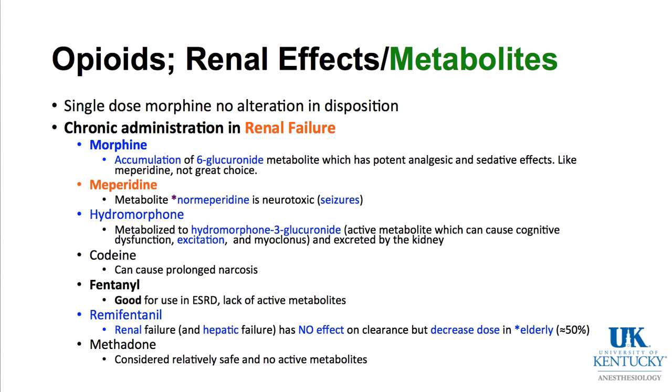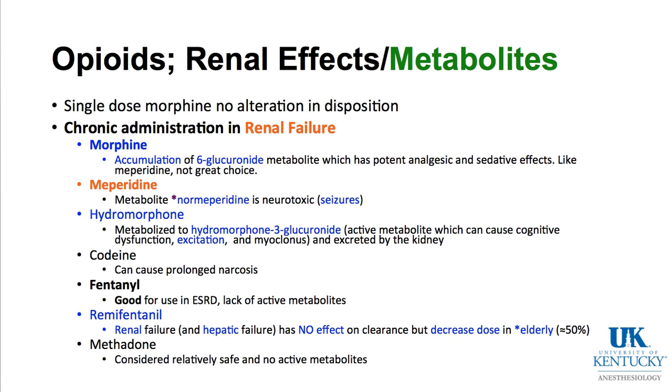Meperidine has a metabolite called normeperidine, which is actually neurotoxic, and if you give repetitive doses of meperidine to a patient with renal failure, they can have seizures as that normeperidine metabolite builds up. Hydromorphone or Dilaudid is metabolized to another sugar-containing molecule, hydromorphone 3-glucuronide, which is active also and can cause some cognitive dysfunction, CNS excitation, myoclonus.